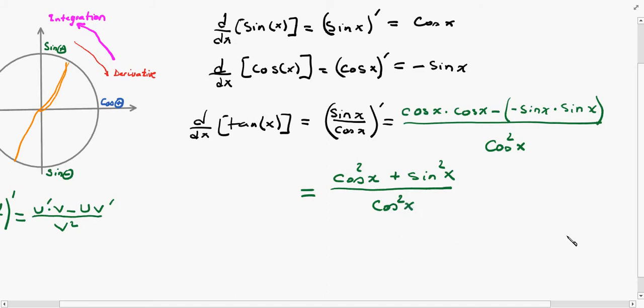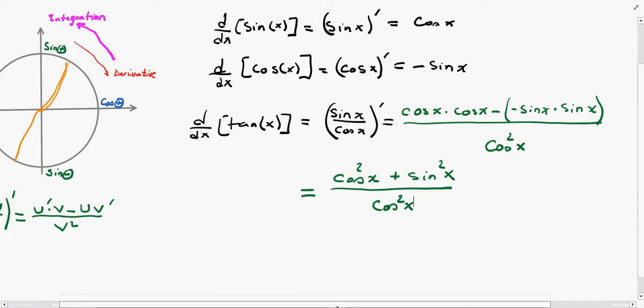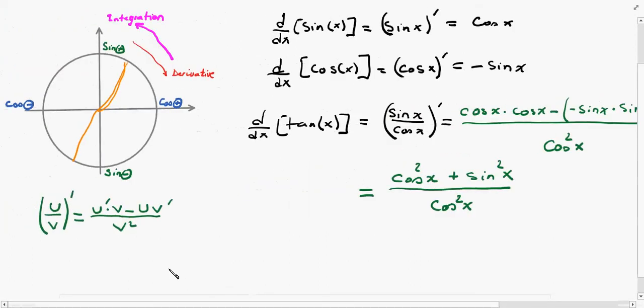But we also know, according to the trigonometric identity, that the cosine to the power of 2 of x plus the sine to the power of 2 of x equals 1.